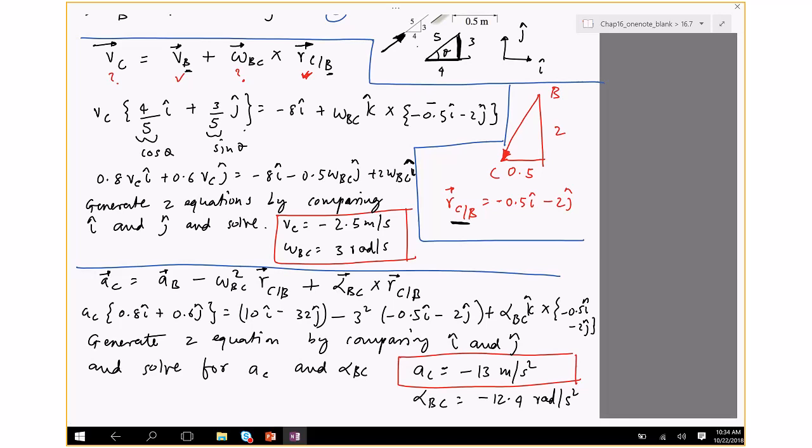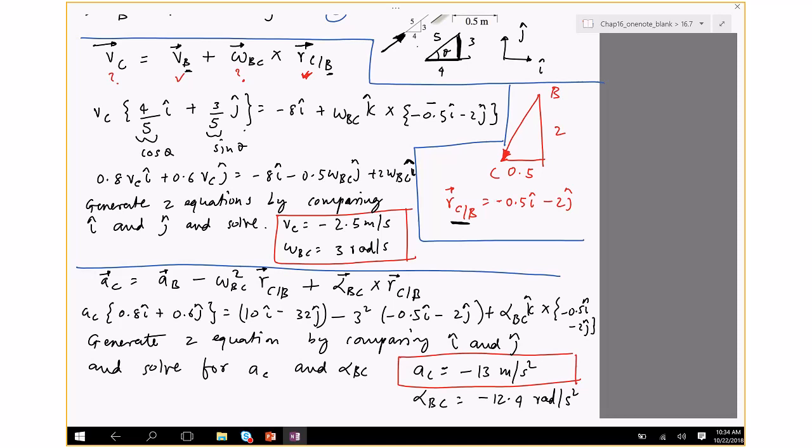Okay, any questions? Like instantaneous center of zero velocity, there is no instantaneous center of zero acceleration. There is no such concept. So do not use instantaneous center to solve any acceleration problems. We can only solve for velocity using instantaneous center.